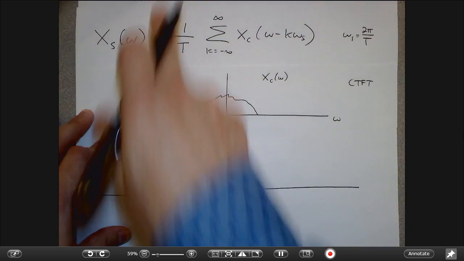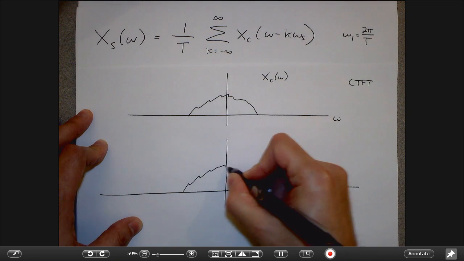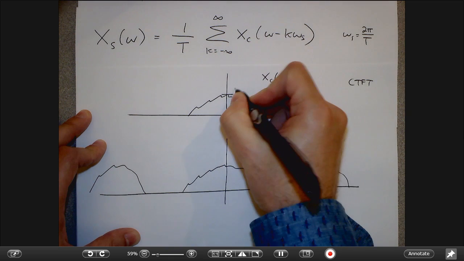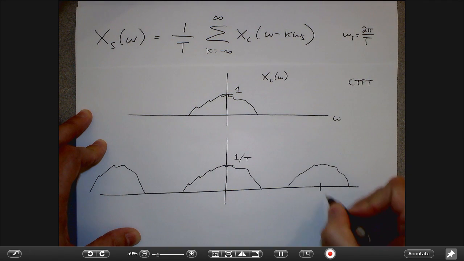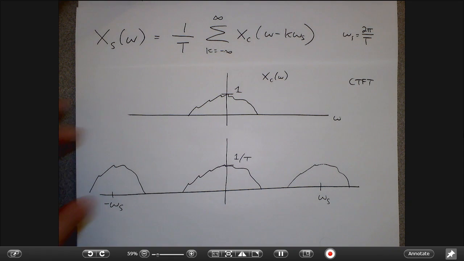When I look at this sampled signal, what I get is a bunch of copies, and if this was 1 high before, this now becomes 1 over T high, and the copies are centered at multiples of the sampling frequency.